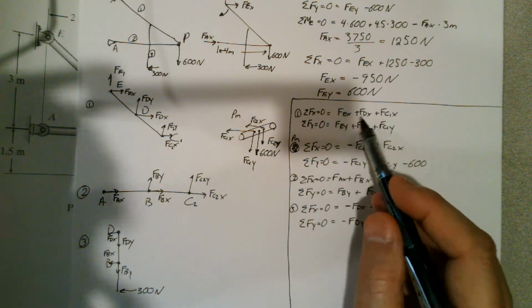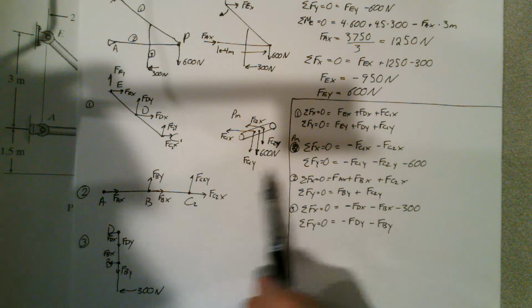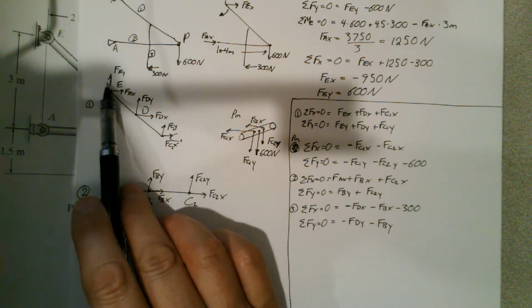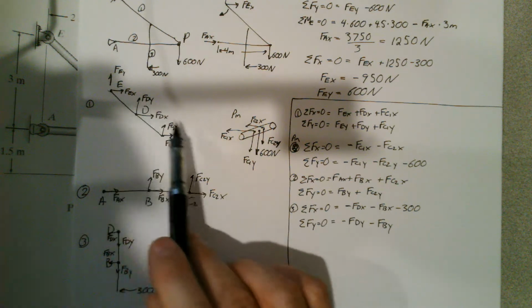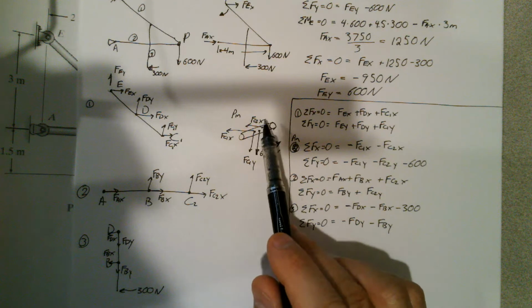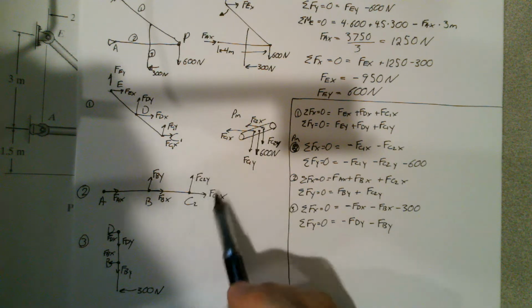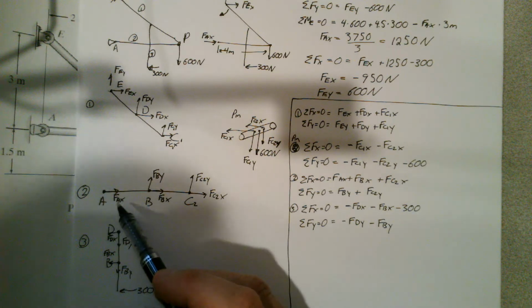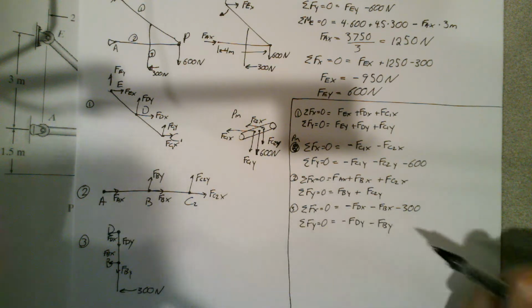So let's see, how many unknowns do we have then? I should actually have thought of that before we started, but let's say we got 1, 2, 3, 4, 5, 6. Those are the opposites. 7, 8, 9, 10, 11 looks like. So 11 unknowns.